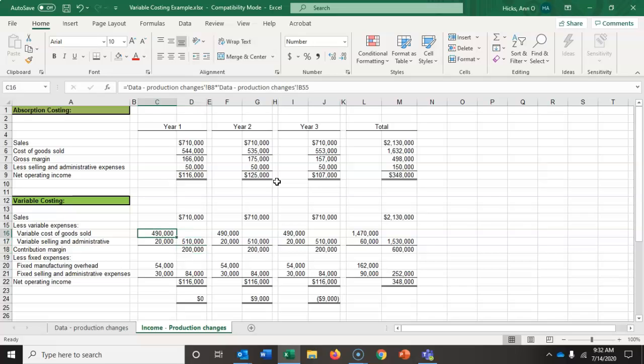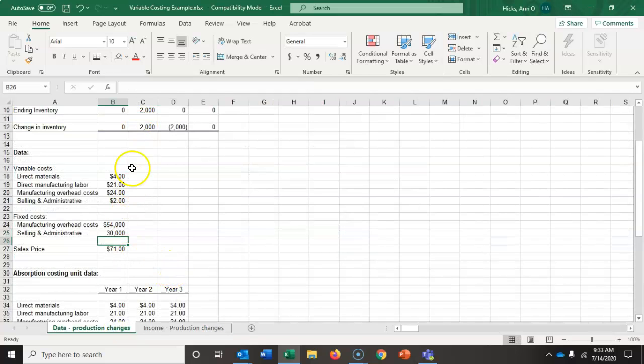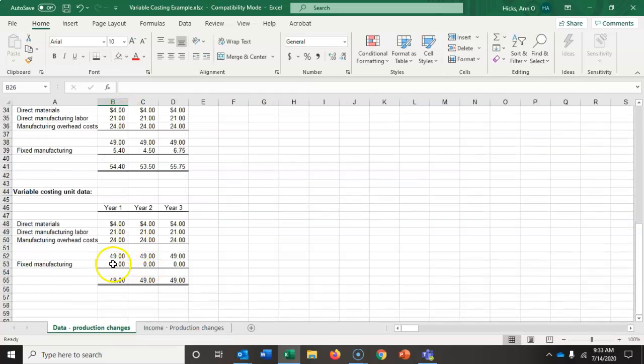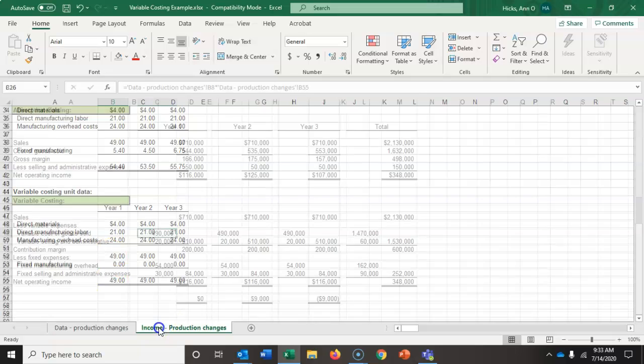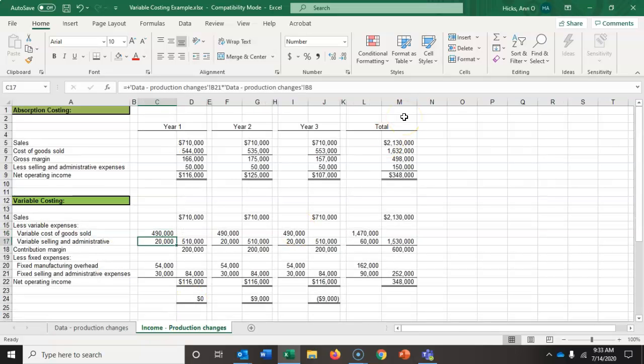So we have our variable expenses, variable cost of goods sold, which is just the 10,000 units we sold at the $49 per unit variable cost. A variable selling expense, $20,000, which is the 10,000 units at the $2 per unit selling and admin cost. That gives us a total variable expenses of $510,000. We subtract that from the $710,000 in sales, and we have a contribution margin of $200,000.